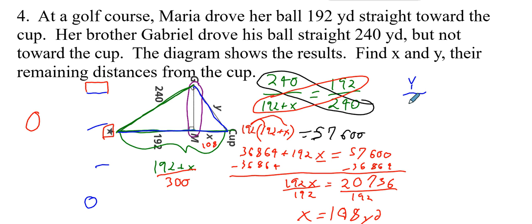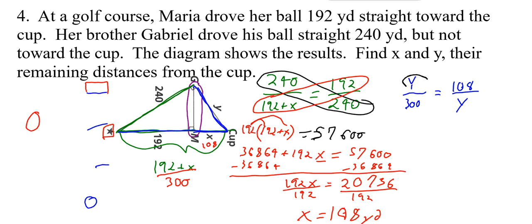So I get y over 300 equals this hockey stick, 108 over y. Notice our geometric mean.